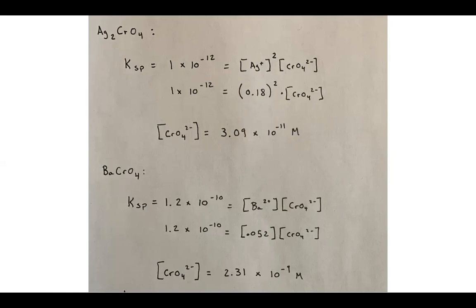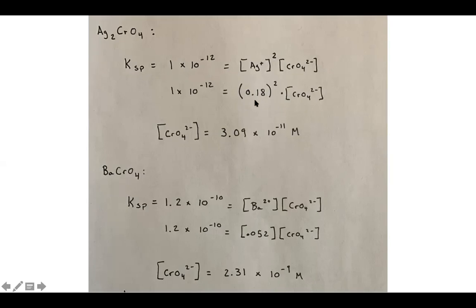Now, if you were to write an ICE table, you would have that the concentration of silver at equilibrium is 0.18 plus 2s, squared, times the concentration of chromate at equilibrium, which would be equal to S. But again, in this chapter, we can always ignore that plus 2s portion that we would have seen for silver.